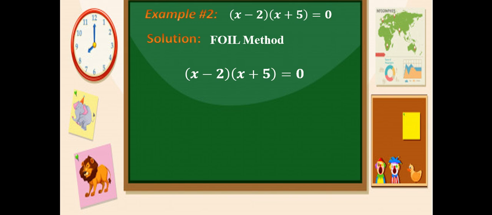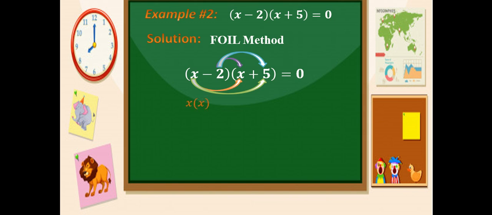So, again, the equation, the quantity of x minus 2 times the quantity of x plus 5 equals 0. Using a FOIL method, again, this is the first term, outer term, inner term, and then yung last term. Yung orange, class, that is the first term. Yung green arrow, that is the outer term. Yung violet, that is inner term, and then yung blue, last term po yan.